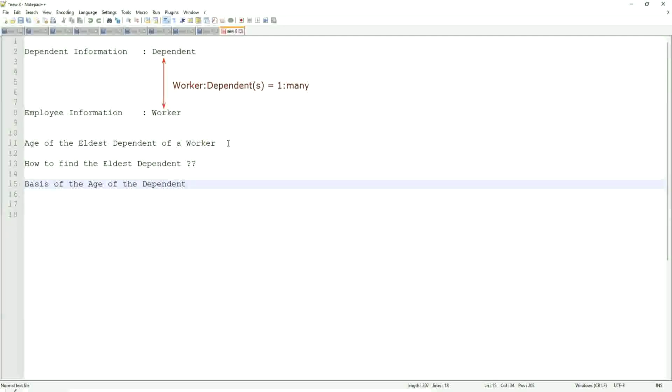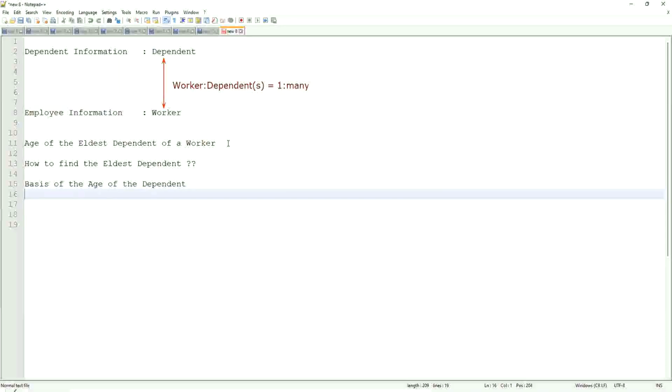Correct. And then if I'm going to find the eldest, then what can I do? Can I sort it in some manner and then take one? Let's say you have the age like 10, 15, and 42.